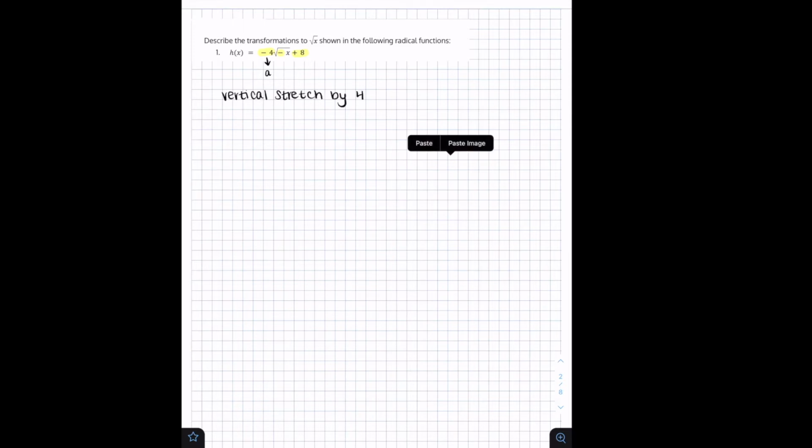The negative actually tells us that this is a reflection, and the reflection is over the x-axis. The negative inside the radical is also a reflection, but this reflection is over the y-axis. And then the plus 8 at the end, which could also be seen as our variable k, tells us that it is a vertical shift, and because it's positive, we are going to go up 8.